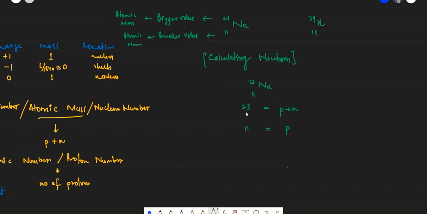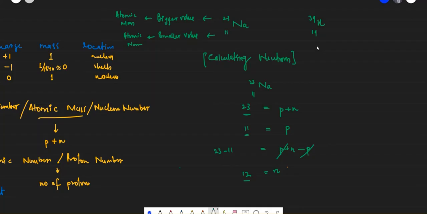You can simply subtract this from this. 23 minus 11, which is protons plus neutrons minus protons, so you will get neutrons equal to 12. So to calculate neutrons, you just have to subtract the smaller value from the bigger value. You just have to subtract atomic number from atomic mass.